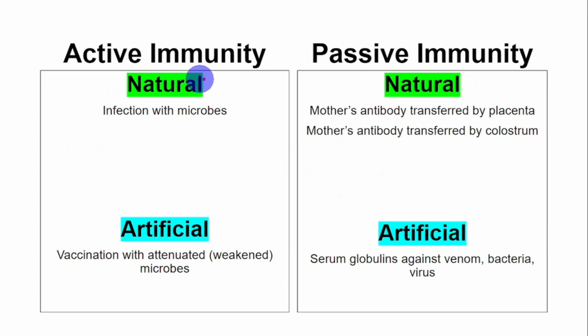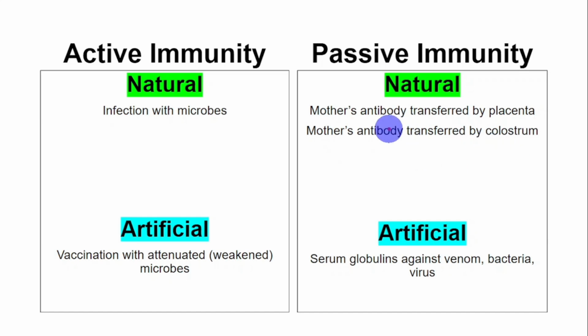So active immunity is when the immune system works to develop immunity and develop the antibodies and cytotoxic T lymphocytes. When ready-made antibodies are provided to body, then it comes under passive immunity. So natural examples we have seen, mother's antibody transferred via placenta and mother's antibody transferred via colostrum.